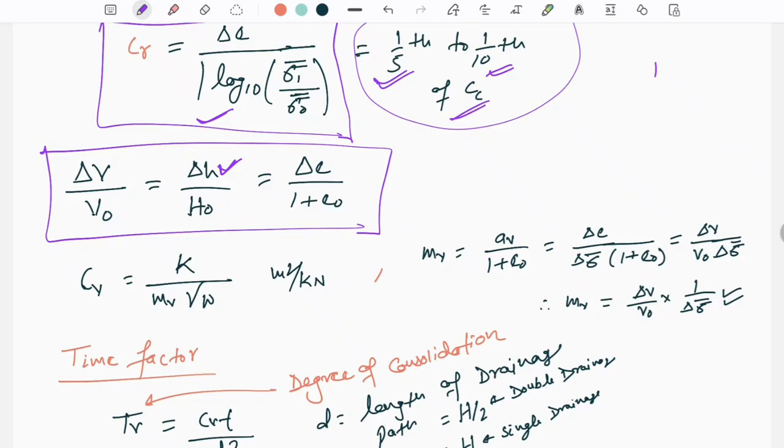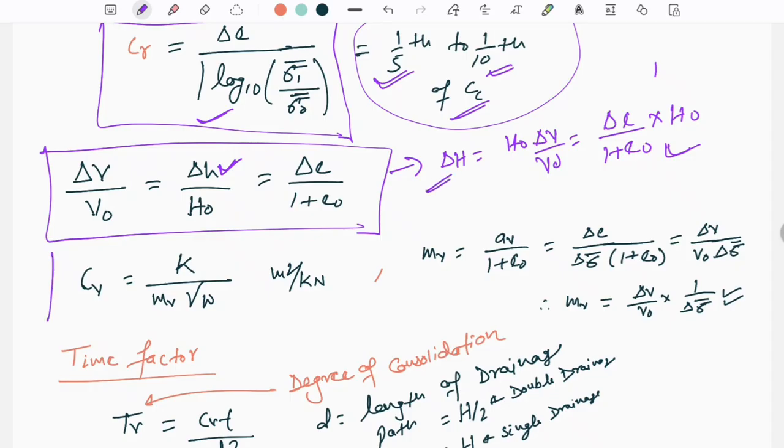Delta H is equal to H naught into del V by V naught, or you can write this expression as delta H is equal to H naught times del V upon V naught, or del E upon 1 plus E naught into H naught. Okay. So from this expression, if any two things are given, you can find the settlement.